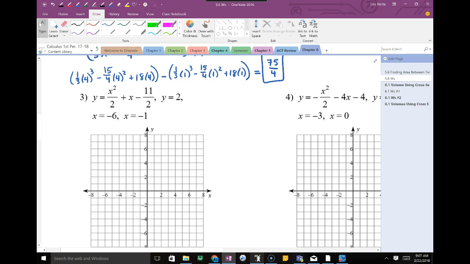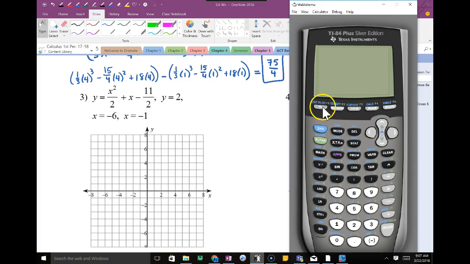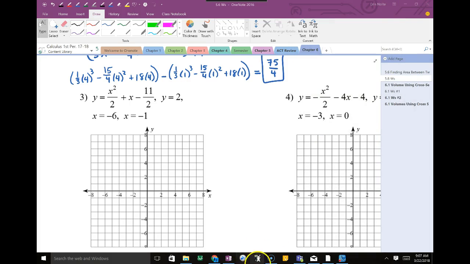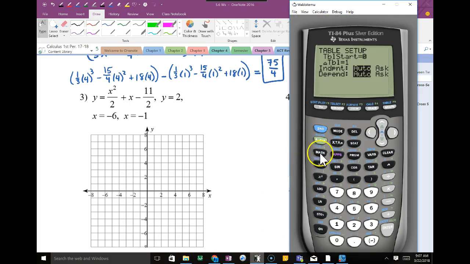All right, so question number 3, I'm going to start this off the same way I did the last question. I'm going to throw this into the calculator, and I'm going to use Garrett's awesome trick of using the tables to graph this correctly. So I have 0.5 x squared plus x minus 11 halves.